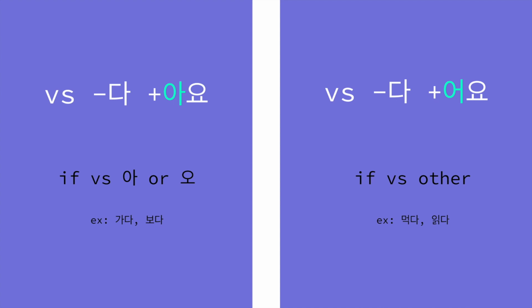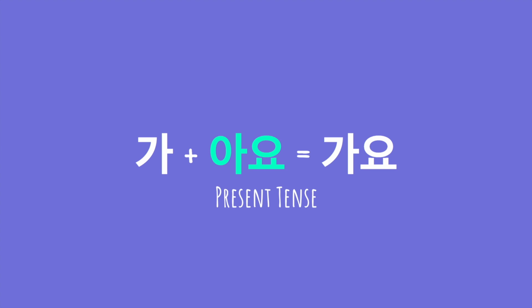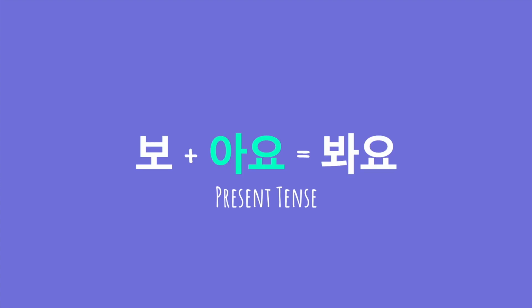And if there is any other vowel in the verb stem, you conjugate it with oyo instead of ayo. Ka plus ayo equals kayo. Bo plus ayo equals wayo.